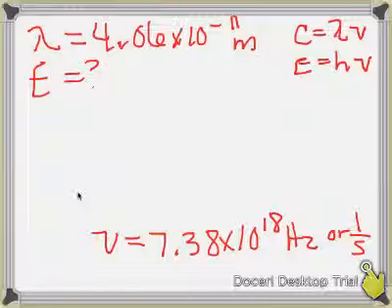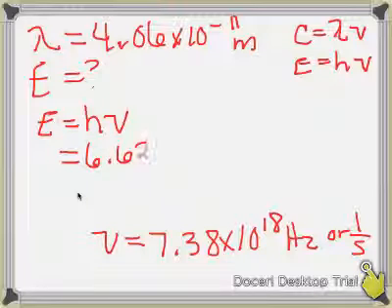Okay, so energy is equal to H, which is Planck's constant, named after the person who came up with it, right? Times our frequency. H is equal to 6.626 times 10 to the negative 34th joules times seconds.